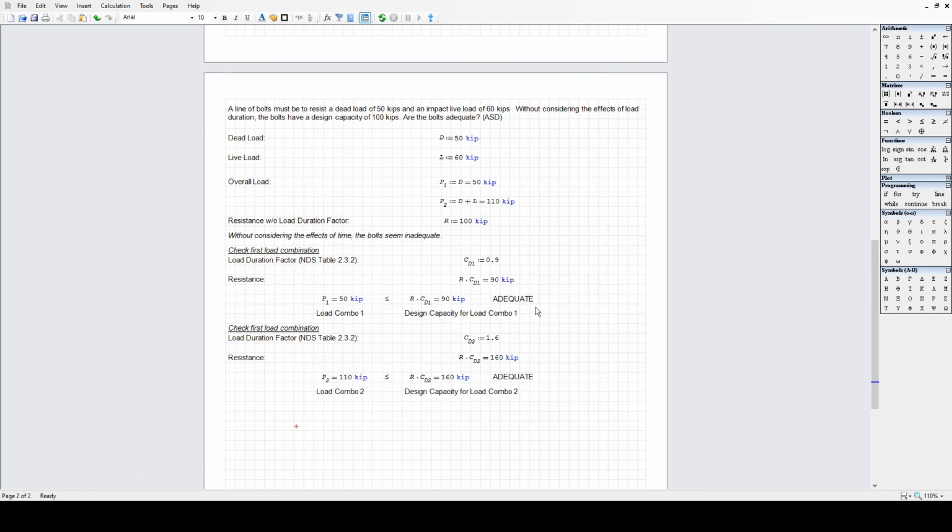And because of that, in this particular case, it's almost like it was deliberately designed that way or something. But no, that couldn't be the case. Anyway, in this particular case, it turns out that when considering the effects of load duration, that will actually make this connection adequate, whereas looking at the raw values of the loads and the capacity before load duration was considered, it would not be adequate.